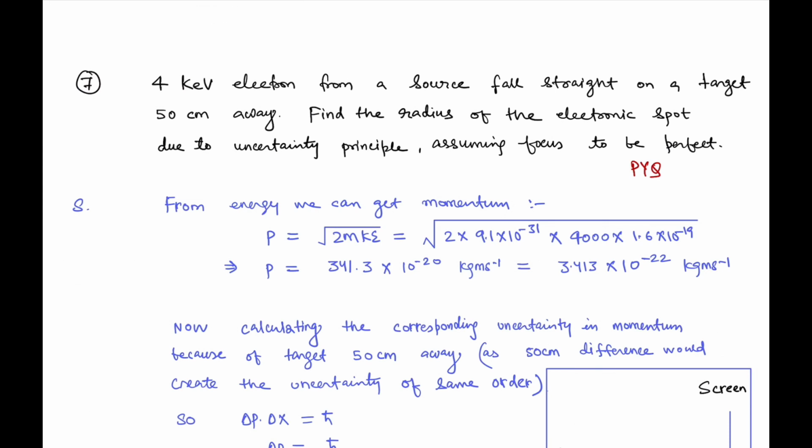Now let us see the same question which I was just talking about, which is our PYQ. An electron with 4 kilo electron volt from a source falls straight on a target which is 50 centimeter away. Find the radius of the electronic spot due to the uncertainty principle, assuming focus to be perfect.